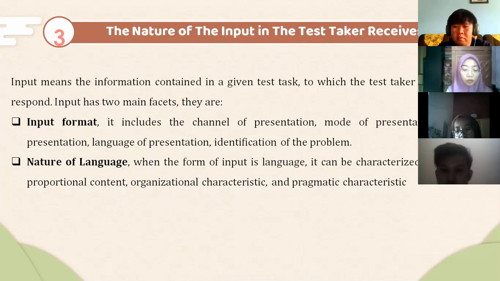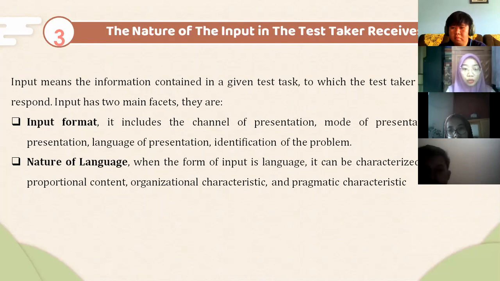In vocabulary, you can choose the proportional content about frequency and specialization, and also the degree of contextualization, distribution of new information, type of information, whether it is concrete or abstract, positive or negative, factual or counterfactual. And also in propositional content, we have to be concerned about the topic or the genre that we want to assess or give to the students in the task.